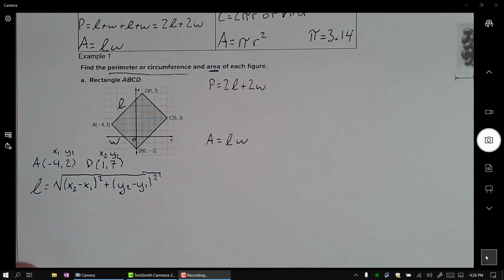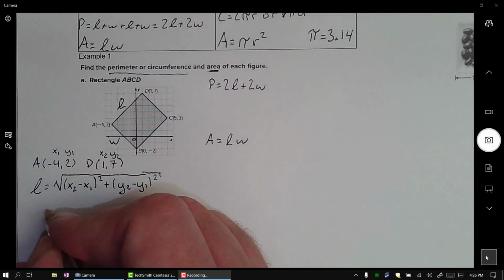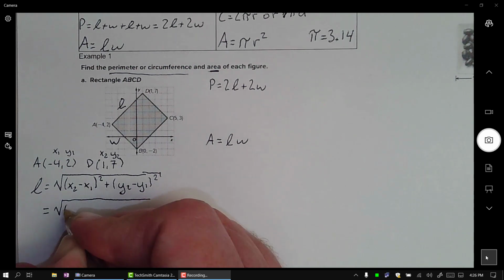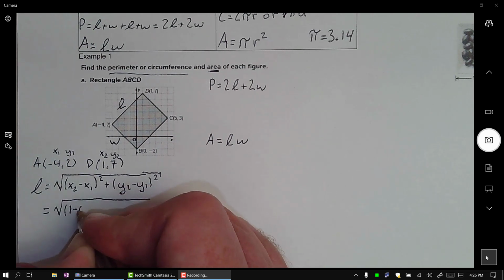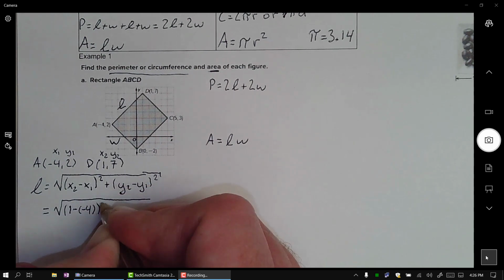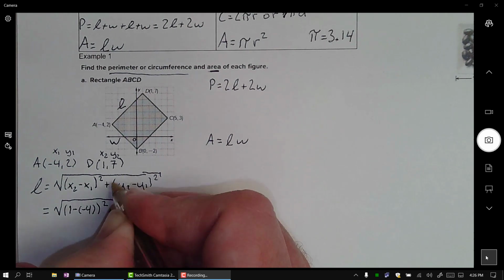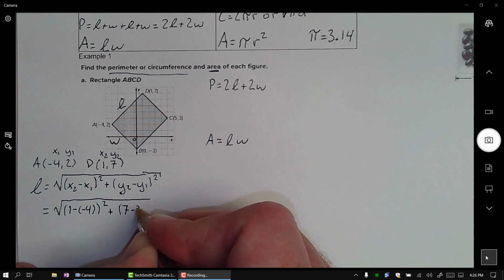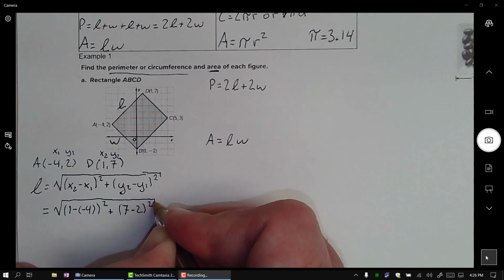Let's substitute in the values that we have. This gives me the square root of (x2 is 1, x1 is -4), and then I'm going to square that, plus (y2 is 7, y1 is 2), and I'm going to square that.